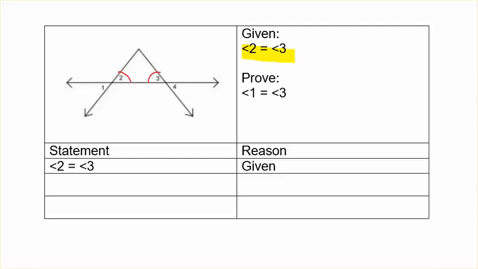Now we want to see if there's anything we can figure out from that given. If there's a vocab word, ask yourself what it means. Here we have no vocabulary. Okay, so the given might not be super helpful. Then let's look at the picture. And let's see if there's anything we can figure out from the picture.